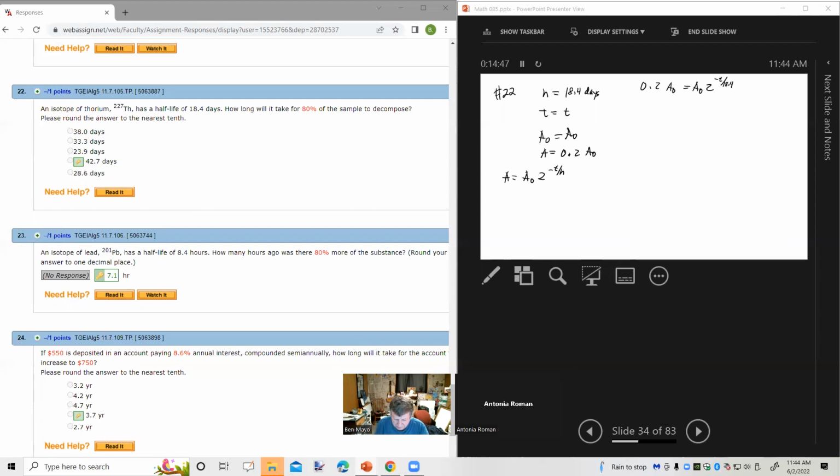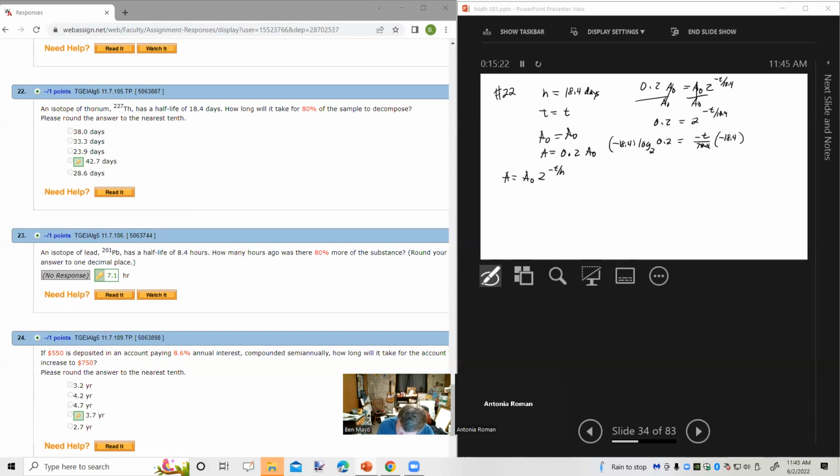So far, so good? Yes. Divide both sides by A sub 0. 0.2 equals 2 to the negative T over 18.4 power. Rewrite it as a logarithmic equation. Log base 2 of 0.2 is negative T over 18.4. To get T by itself, I'm going to multiply both sides by negative 18.4.